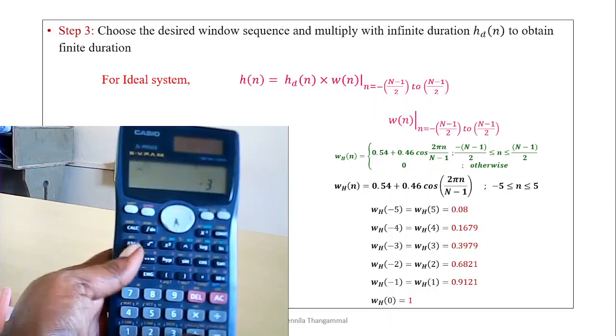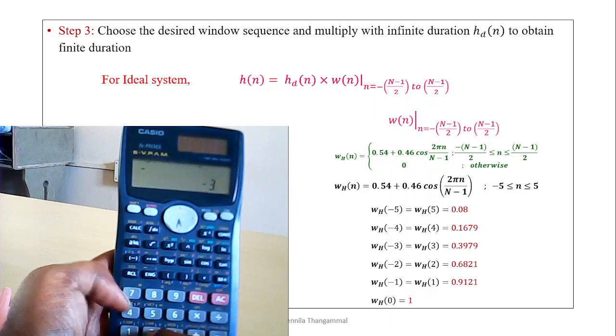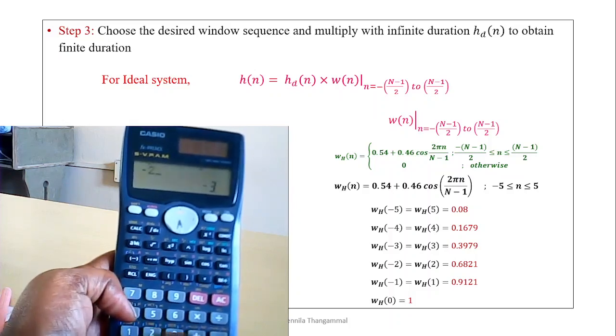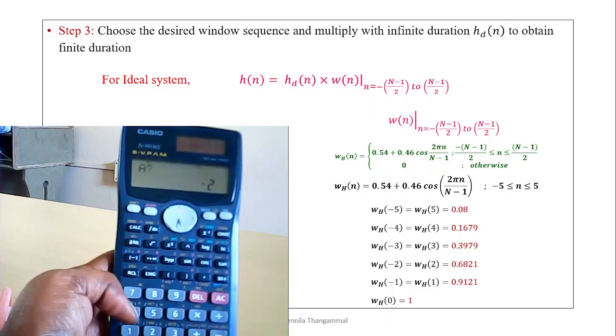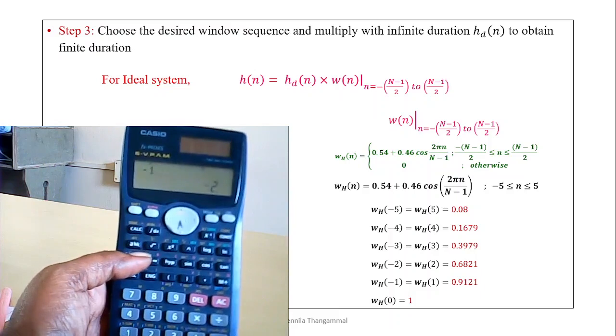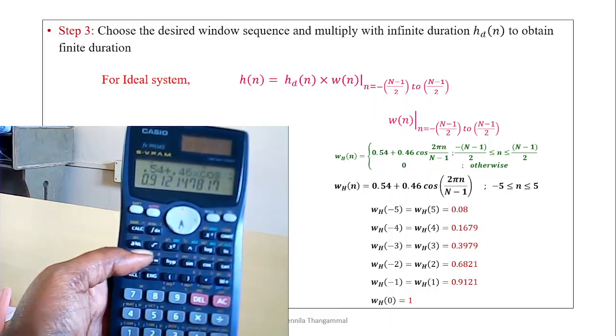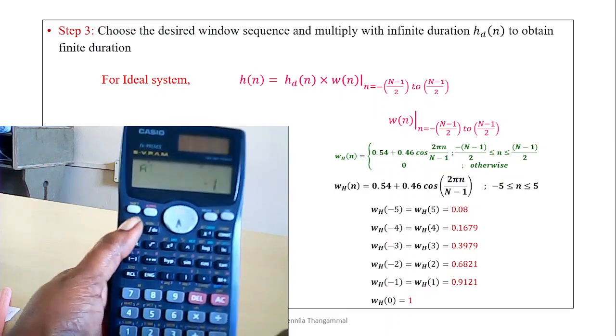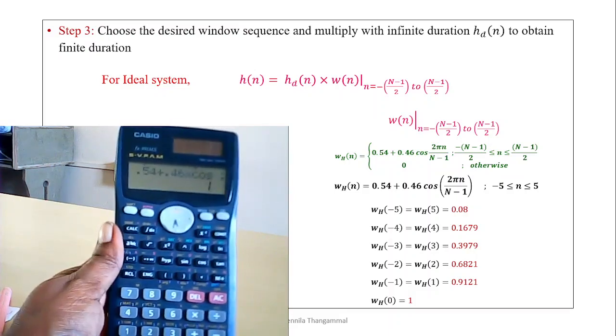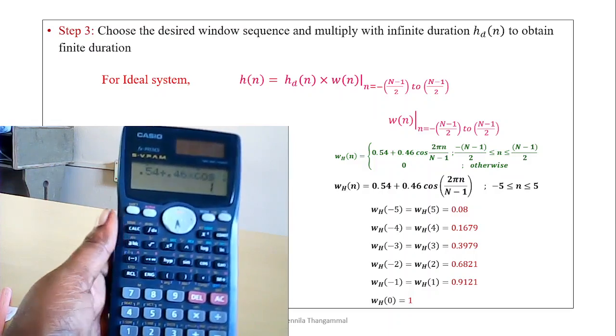Calculate for minus 2, it's going to be 0.6821, and calculate for minus 1, the value is 0.9121. For 0, calculate for 0, the value is 1, and again find it for 1, 2, 3.